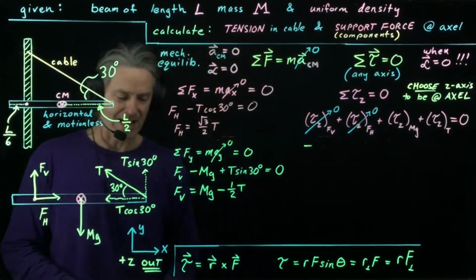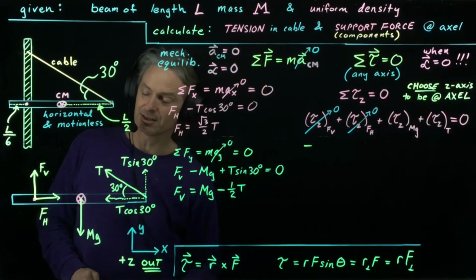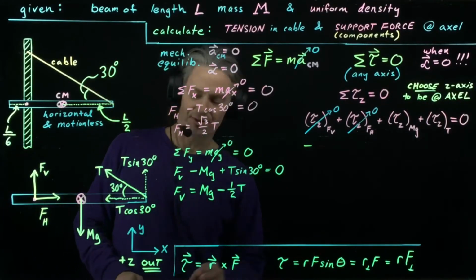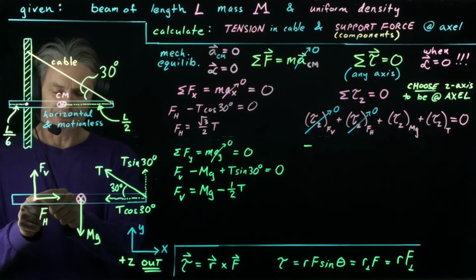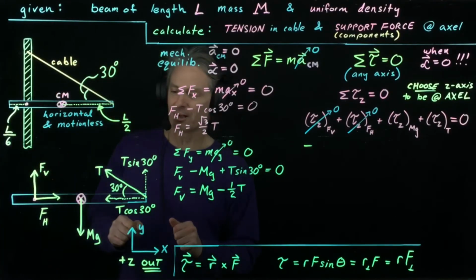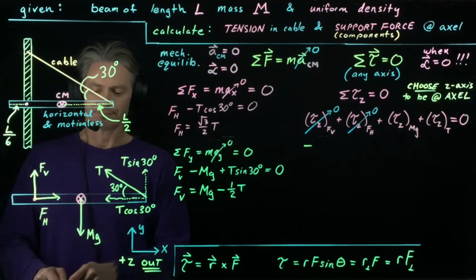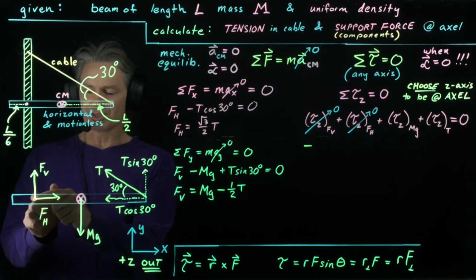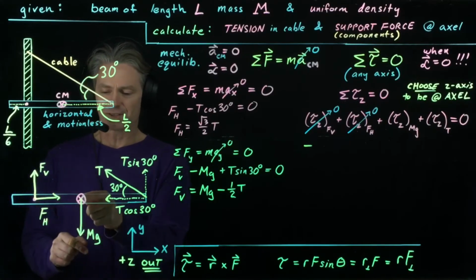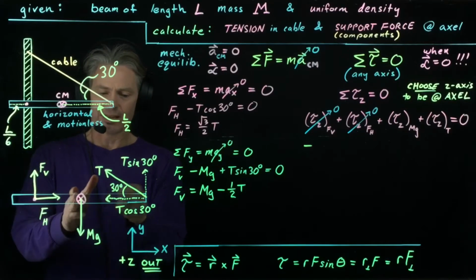Now let's work out the magnitude. I can use any of these expressions. I'll start with this one. So I need this amount, r. Now let's be careful. This is L over 6. And what I need is the distance from here to here. Well, this is halfway from this end, halfway from this end.